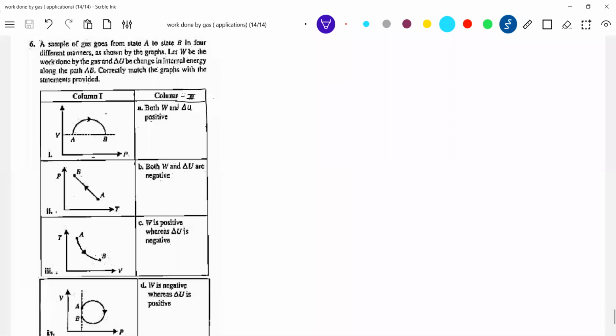Volume versus pressure graph. How to analyze, how to really think on that one? That's a big headache, because PV graph we know. So in volume versus pressure graph, we have been given a curve. So any method we have to apply.